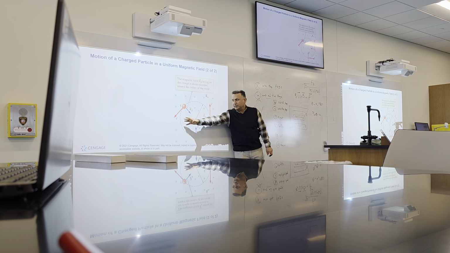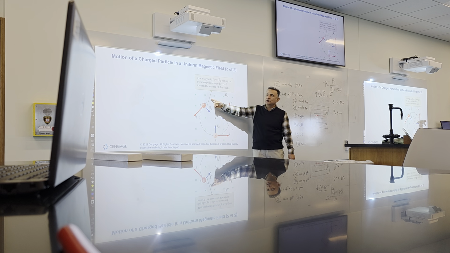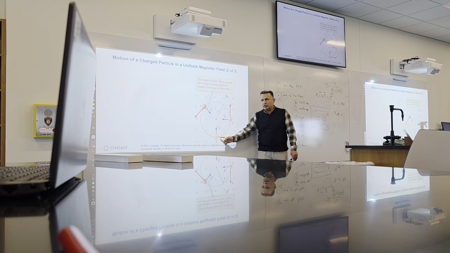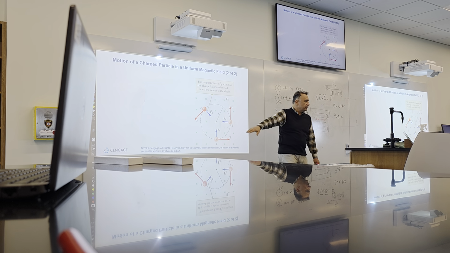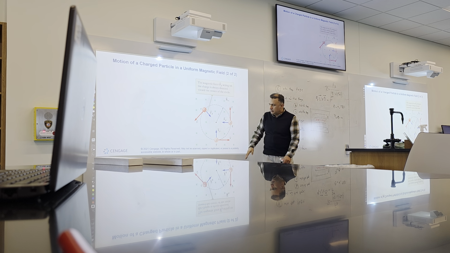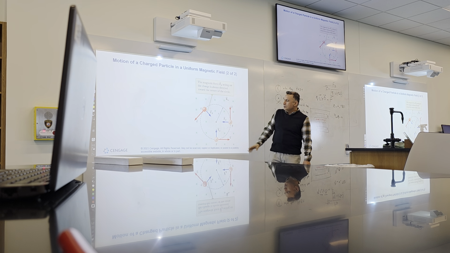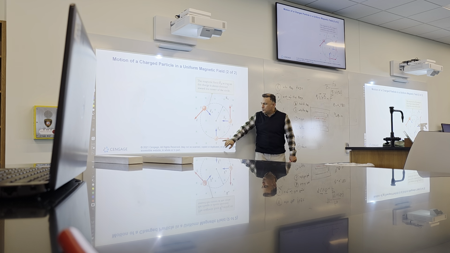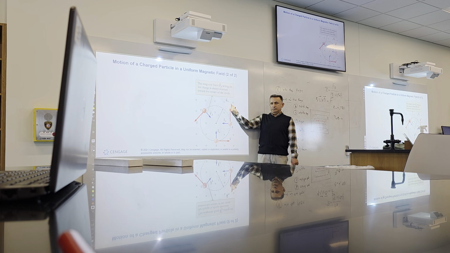So what happens if we send a charge inside the magnetic field is we start to do this circular motion, always. If it's a positive charge, it goes like this. If it's a negative charge, it's going to be the opposite direction. So again, let's see if anybody has any problem with this. It pushes up, it goes a little up, and now the direction is this.